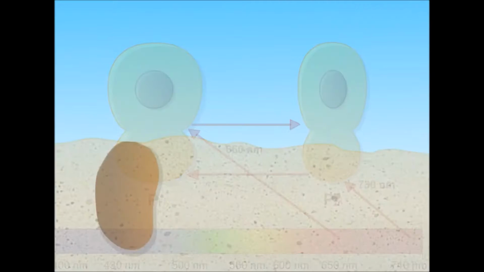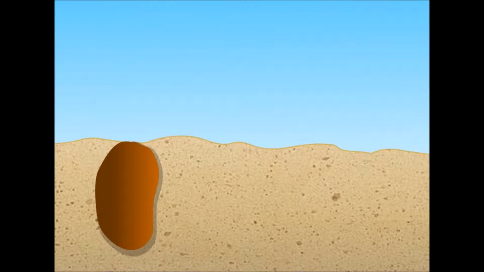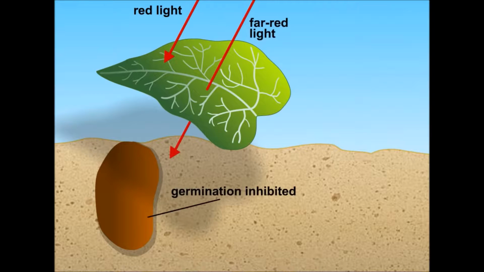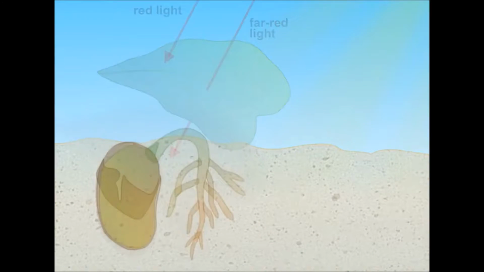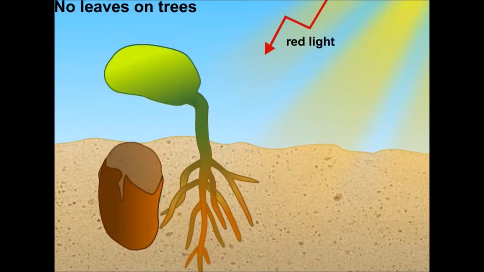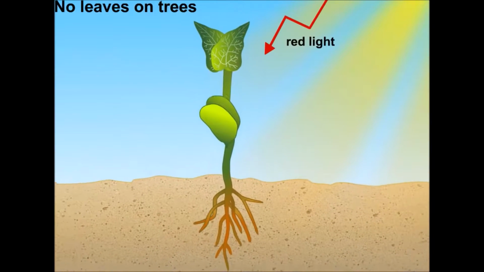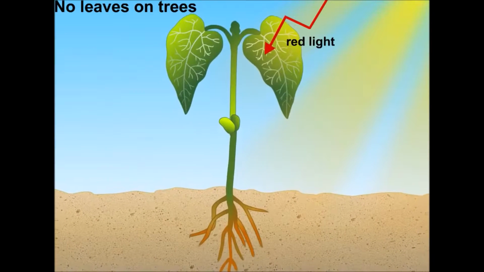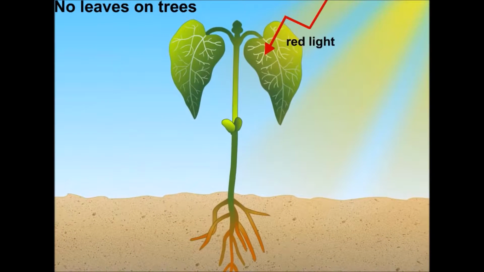For example, seed germination is inhibited by far red light and stimulated by red light. Because chlorophyll in green leaves absorbs red light but not far red light, seeds deposited under a heavy canopy of trees do not germinate. Some seeds germinate in the spring in part because they become exposed to red light after the leaves have fallen and decomposed, and before new leaves that shade them have emerged.